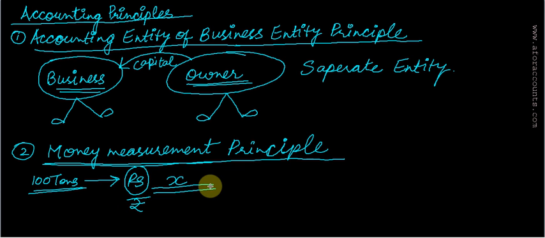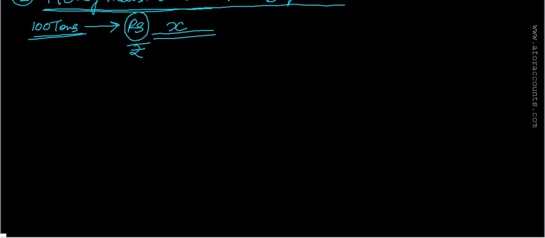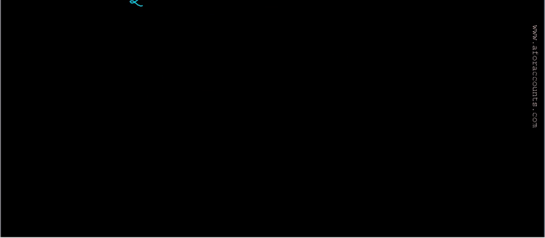It has to be assigned some value, then only you will record it. Anything which cannot be recorded in terms of money, no entry is to be posted in the books of accounts.